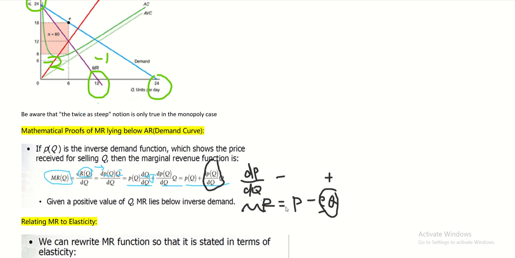So P minus a positive number gives us marginal revenue, which implies that P is greater than marginal revenue. Now, be careful here. A hidden assumption under this mathematical proof is that the firm has some sort of market power. So P can actually equal marginal revenue when the firm has no market power, meaning that the firm cannot control the price. That is the case in a perfectly competitive market where the firms are price takers. They cannot influence the price in the market.